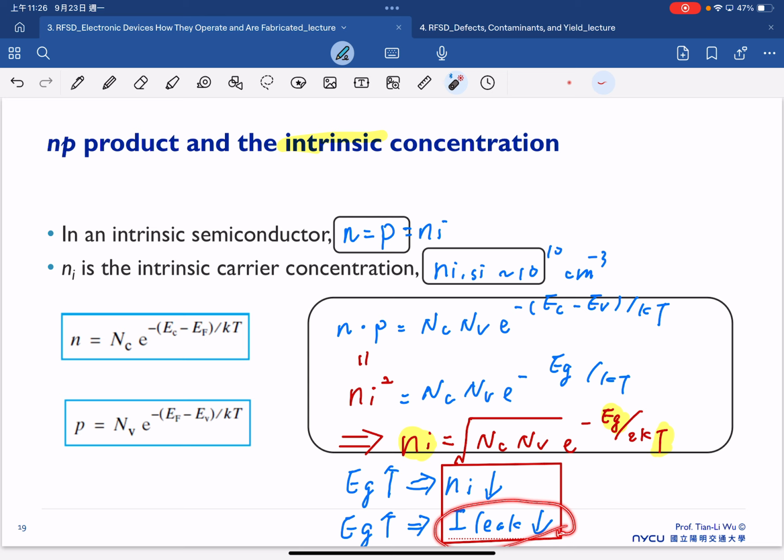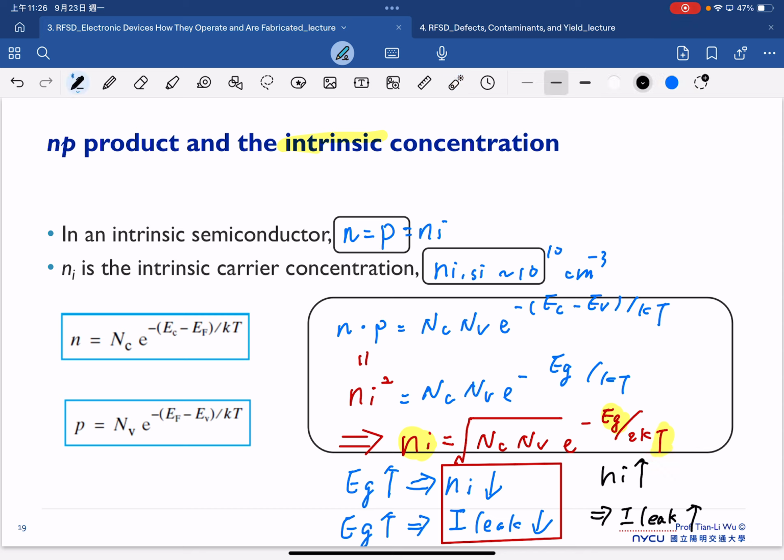So we start to know Ni and leakage current might have a certain positive correlation. That means if Ni increases, I leak is increased. At the meantime, the temperature factor is here.